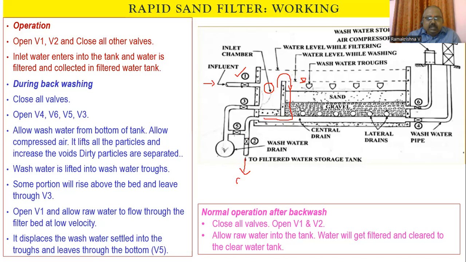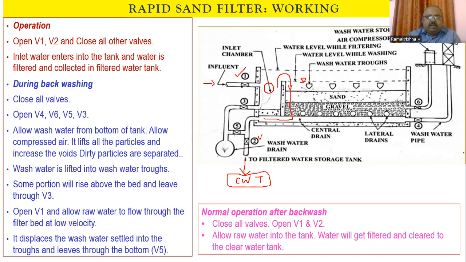So this is the clear water tank. I'm writing CWT here. This is nothing but the clear water tank. What is here? You have a valve 2. So if you control valve 2, the clear water directly goes into the clear water tank after filtration. If you control valve 1, raw water will enter into the filter bed.